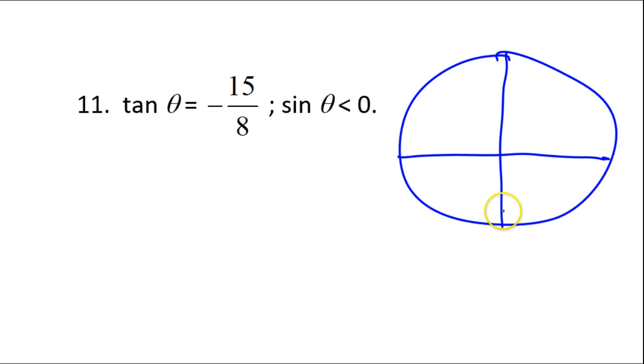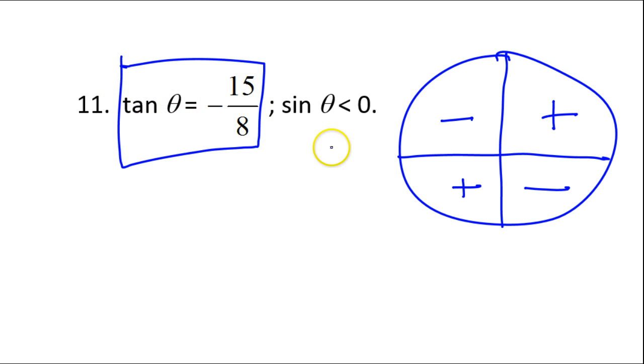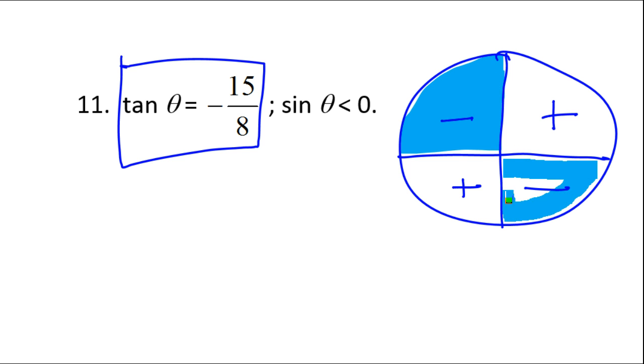Okay, we understand that tangent is positive here and here, and tangent is negative here and here. So based on this, the fact that the tangent is negative, we know that we're either talking about the second quadrant, or we are talking about the 4th quadrant.